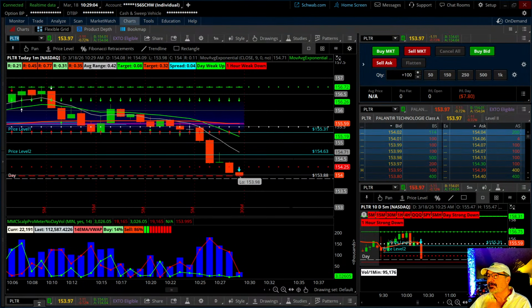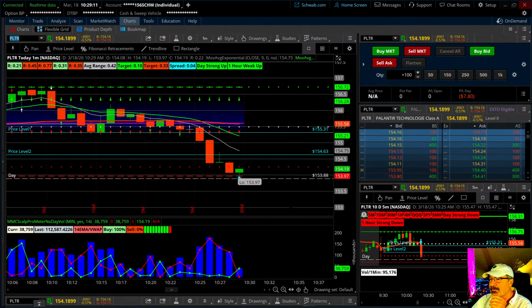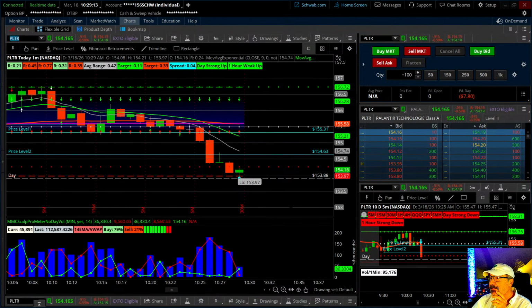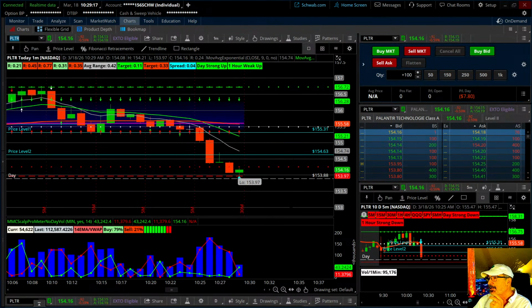Hood is like even money across. I feel like the afternoon's going to afford us a better time to trade. That's the way I'm feeling right now. So I'm not seeing anything that I want to trade looking at this. It's rare that happens.